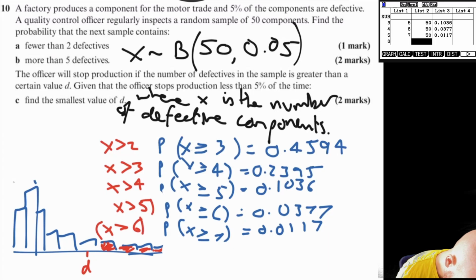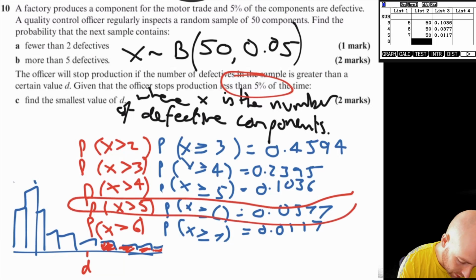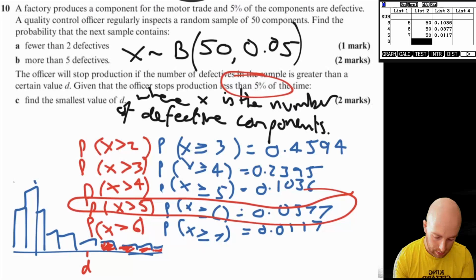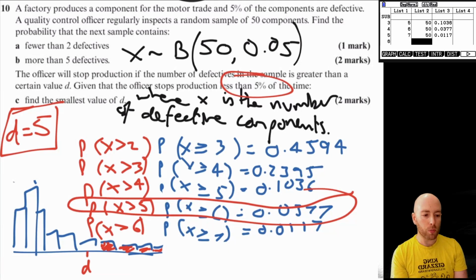Greater than 6. So that's what we've actually found out with these. So don't forget what the actual point is. We wanted it to be less than 5%. So there's the 5% level. That's going to be my 1. So d is going to be 5. Well done, you two. They got that. Cool, brilliant.